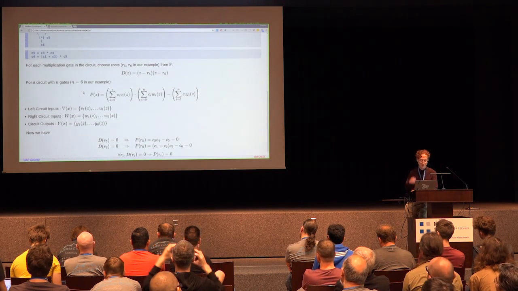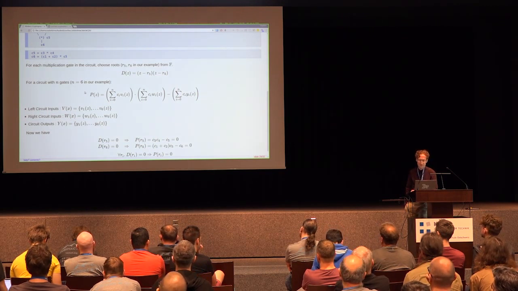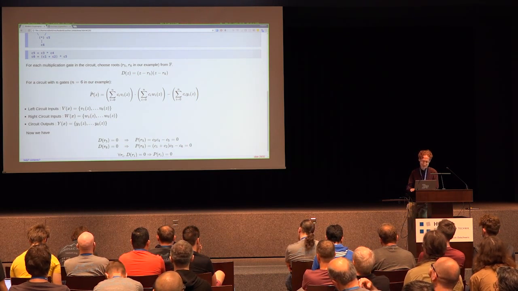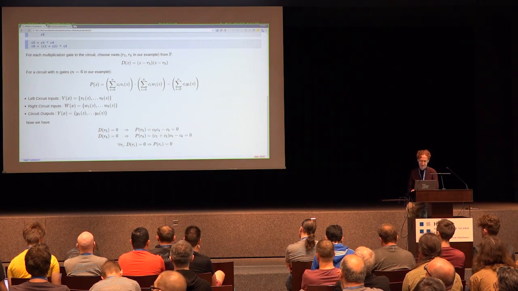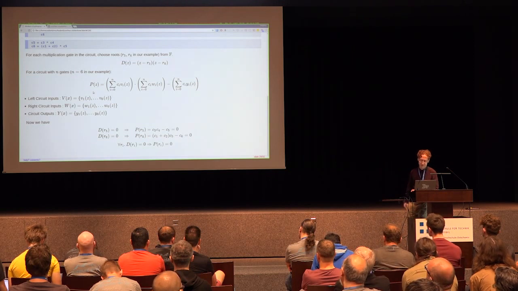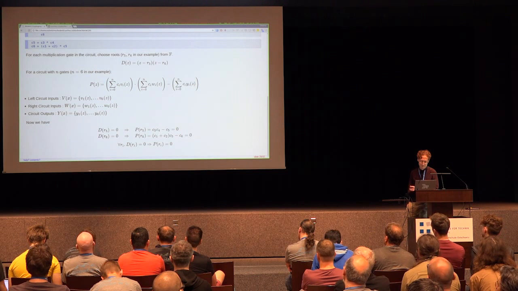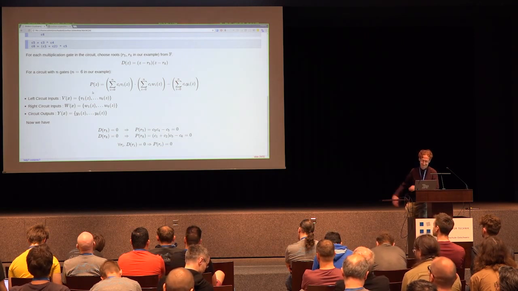To do this, we iterate through each element in the circuit. For every multiplication gate, we select a specific root and construct a synthetic polynomial such that whenever one of the roots is 0, it implies that this other polynomial, which we constructed as the product of the left input circuits and the right input circuits, is always going to be 0 when the given root is 0.